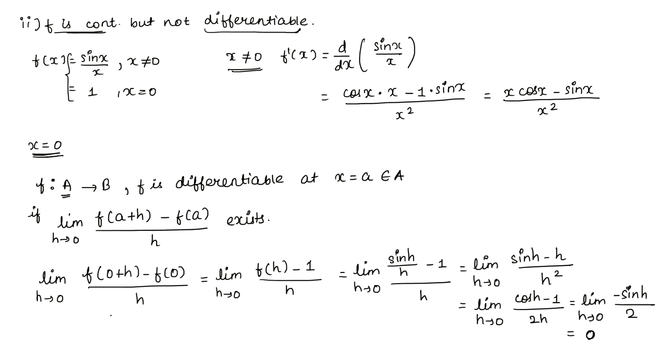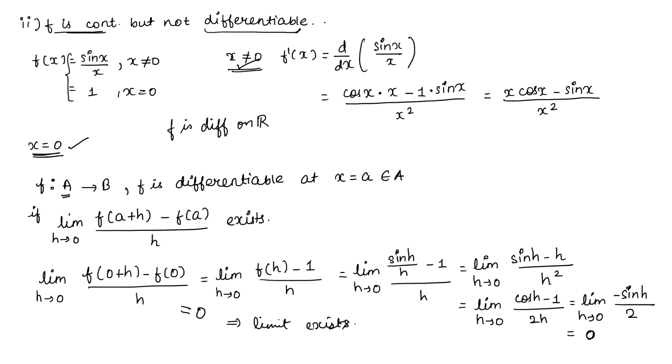So we can see that limit h tends to 0, f of 0 plus h minus f of 0 by h is equal to 0, and therefore the limit exists, and therefore the function is differentiable at x is equal to 0. We already know it is differentiable everywhere except x is equal to 0. So the function f is differentiable on R now.